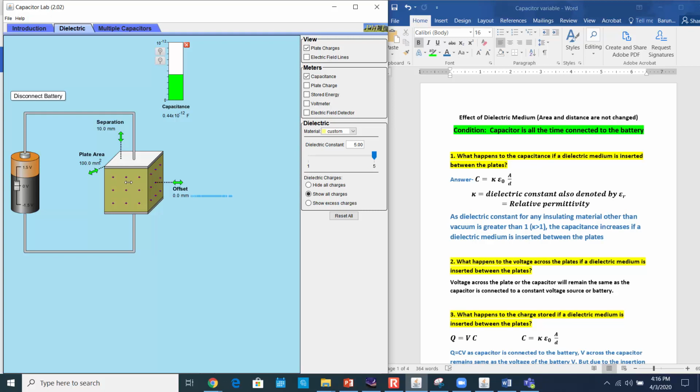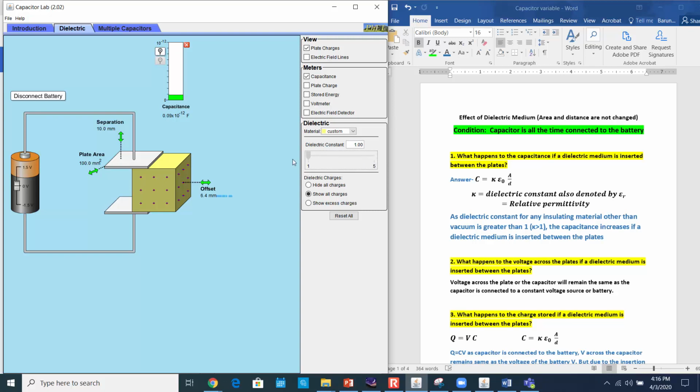And by how much it increases depends upon the dielectric constant of the medium. For example, here I can change the dielectric constant from 1 to 5. The 1 corresponds to the vacuum and the 5 corresponds to some other medium. The higher the value of the dielectric constant, the higher the capacitance.